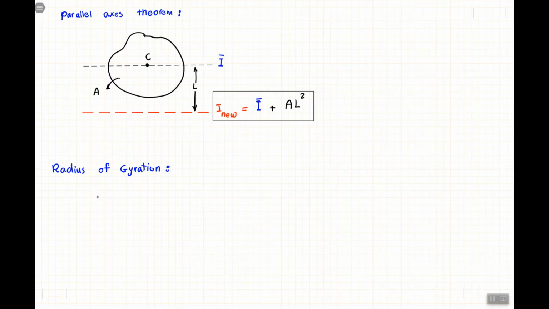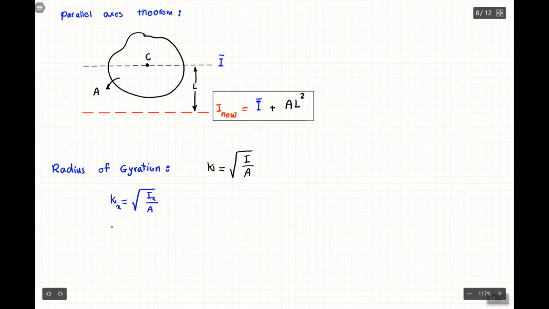We define radius of gyration, show it by k, and the way we define it, we say k, radius of gyration, is equal to the square root of moment of inertia divided by area. Since we have Ix and Iy, then we also have kx, which is the square root of Ix divided by A, and ky is the square root of Iy divided by A.